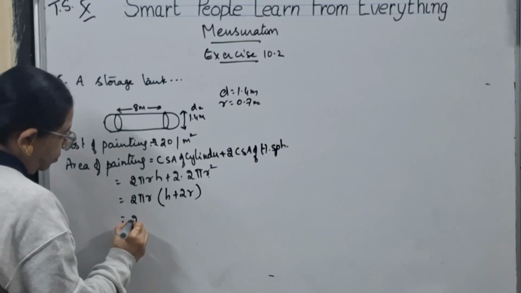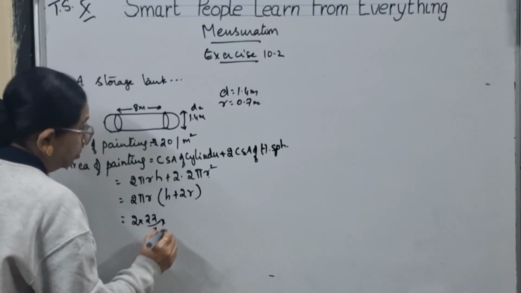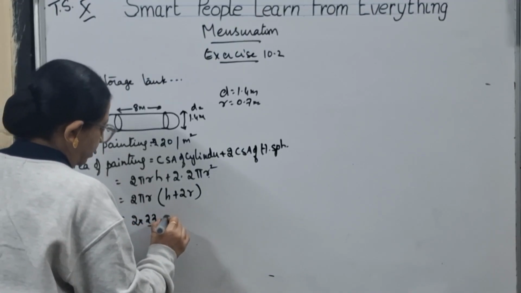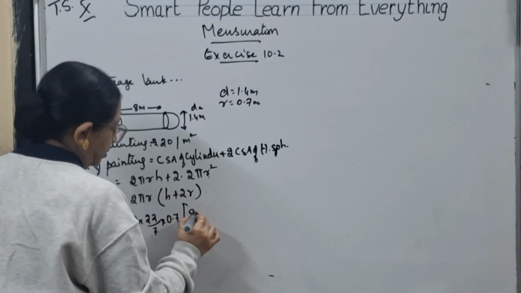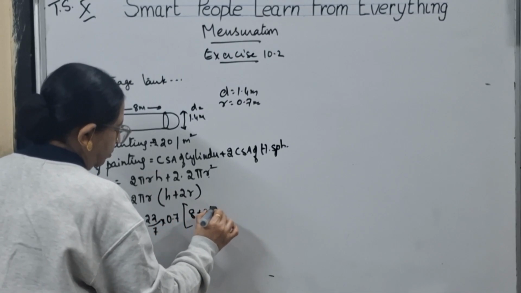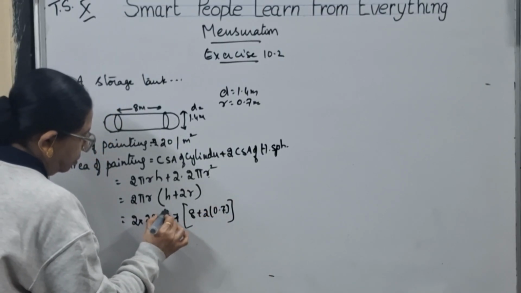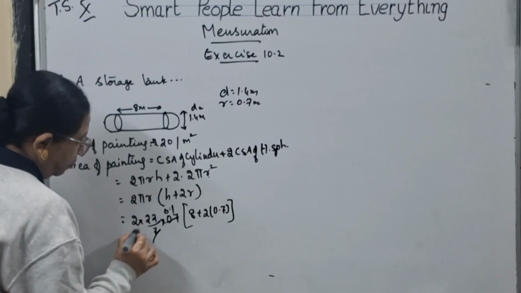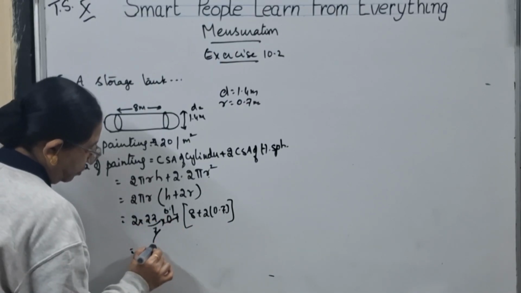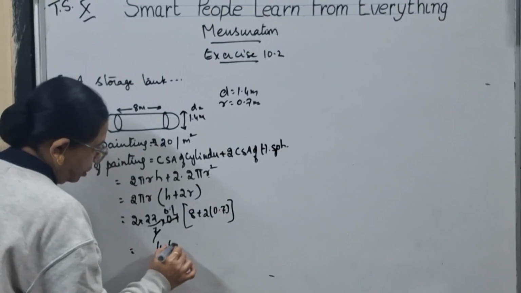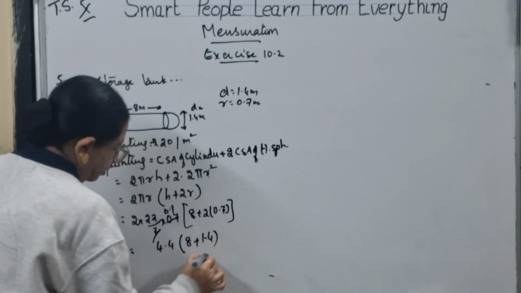So this is 2 into 22 by 7 into 0.7 into (8 plus 2 into 0.7). 0.7 by 7 gives 0.1, so 2 into 22 is 44, into 0.1 means 4.4, into (8 plus 1.4).